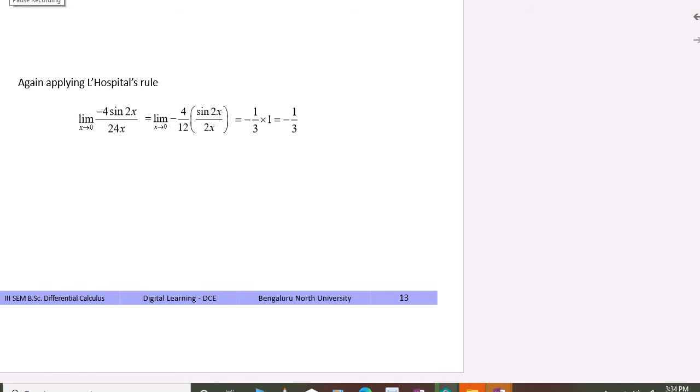Again applying L'Hopital's rule, we get the numerator differentiation as minus 4 sine 2x and the differentiation of the denominator as 24x. 4 1s are 4, 4 6s are 24.